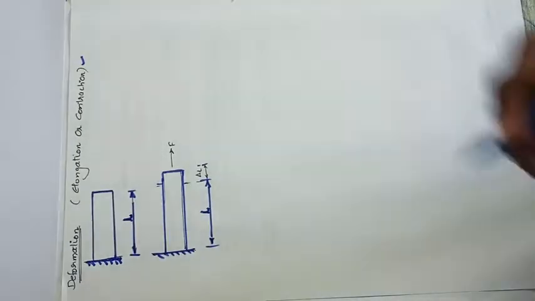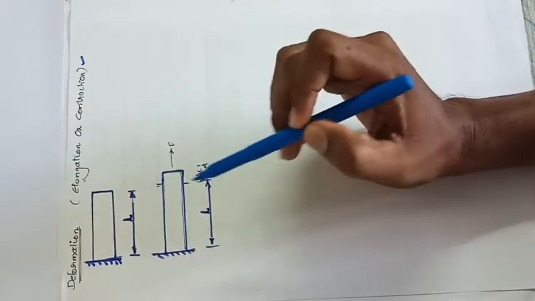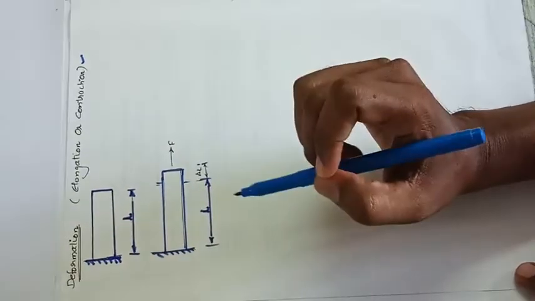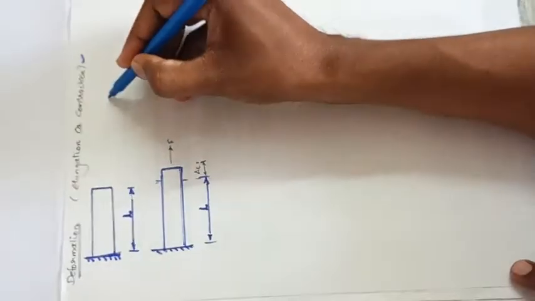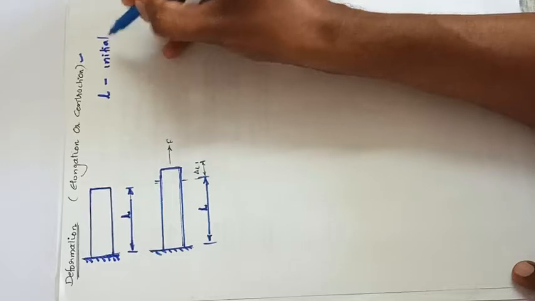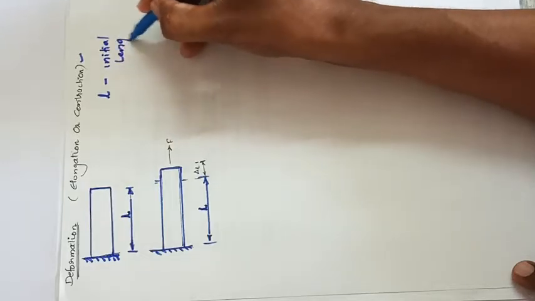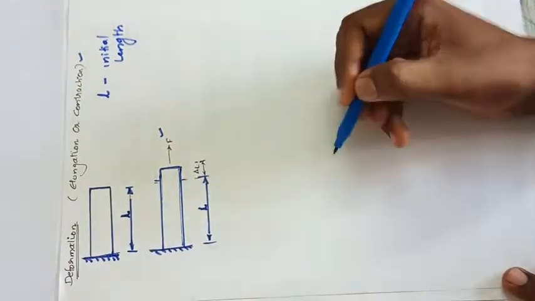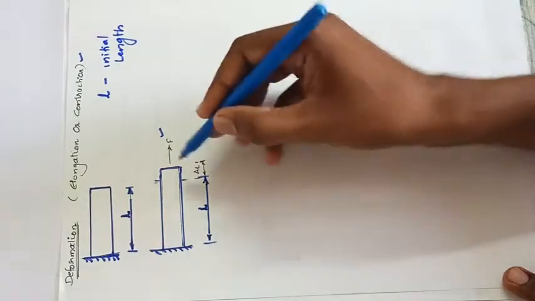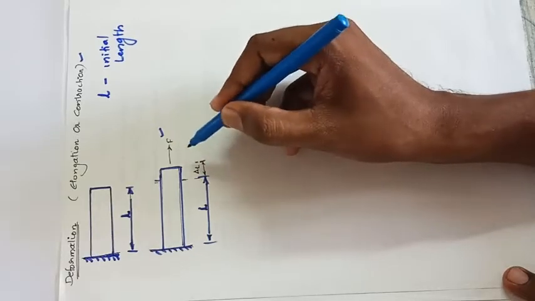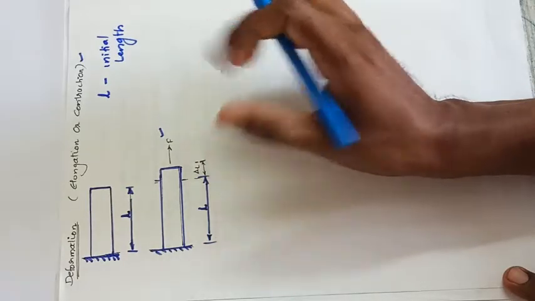If I consider a bar of length L, fixed on one side and free on the other side, we take L as the initial length. Then when I put a load of magnitude F at the free end, which is a tensile force, definitely there will be an increase in the length.